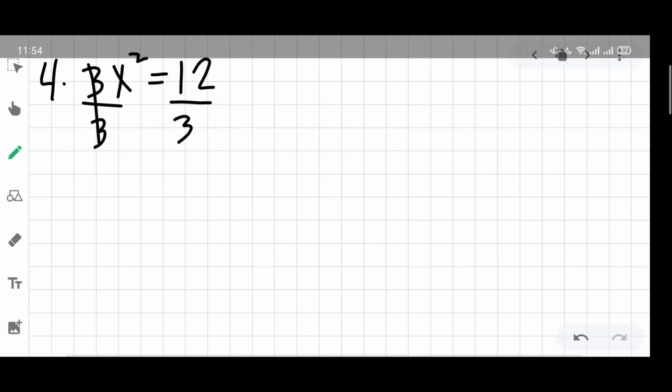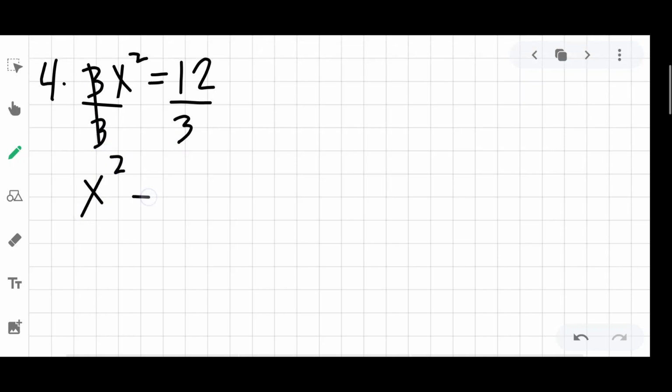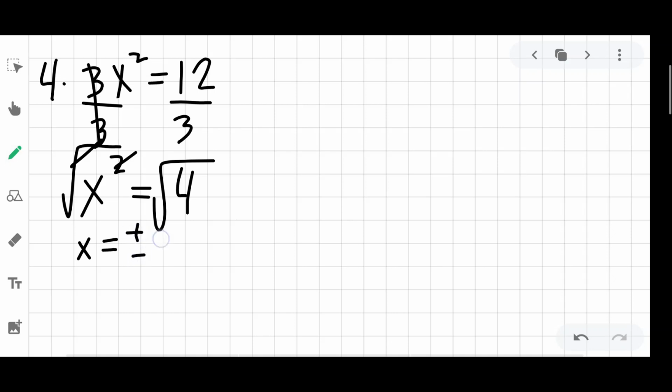Then, bring down x squared equals 12 divide 3, the answer is 4. Since ang format niya is in a form of x squared equals k, pwede na tayong mag-square root both side. Cancel. Ang matitira na lang ay x equals the square root of 4 is positive and negative 2. So, dalawa yung sagot natin. So, positive at saka negative.